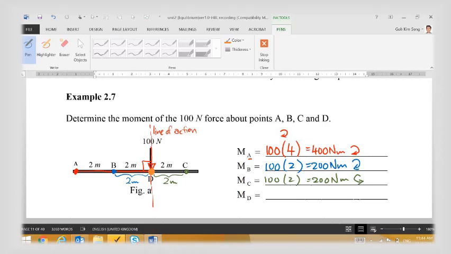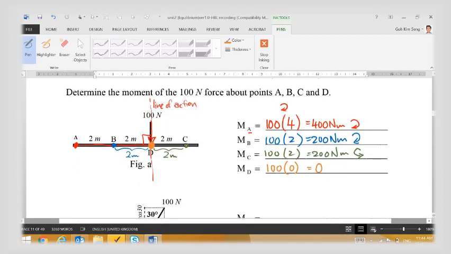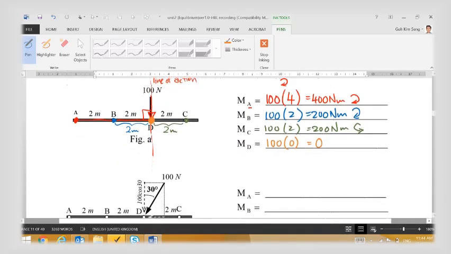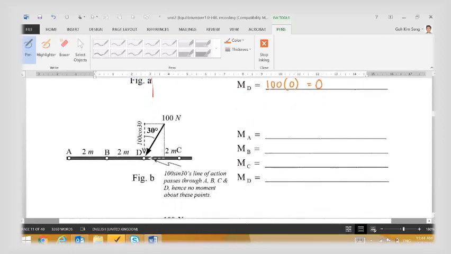The reason being that the point is lying along the line of action of the force. So you may want to put 100 times naught, no distance, you get naught. So this is how it is for point D. Let's move on to the next example.